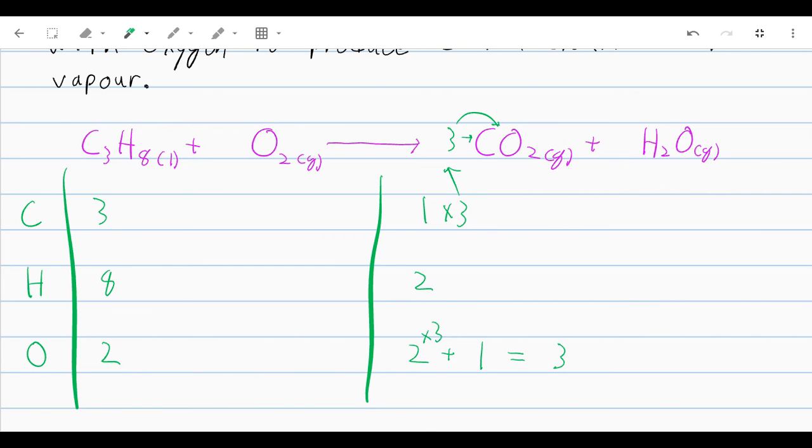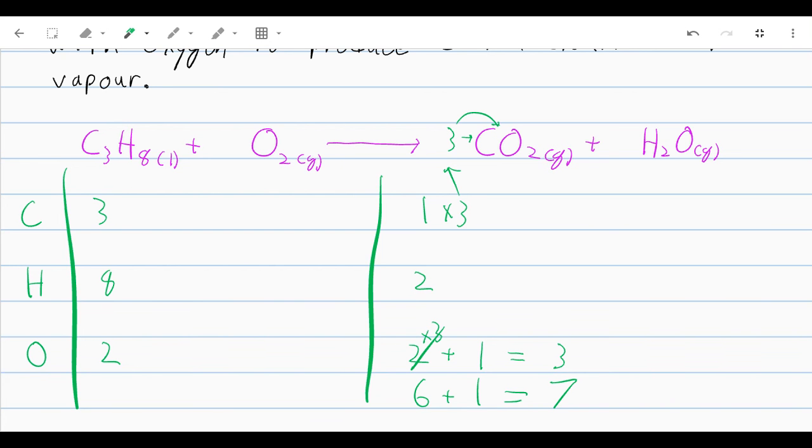So instead of having 2, I now have 6. I also only have 1 oxygen still in my water molecule. So now I have 7 oxygens total. See why we want to leave the oxygens till the end?